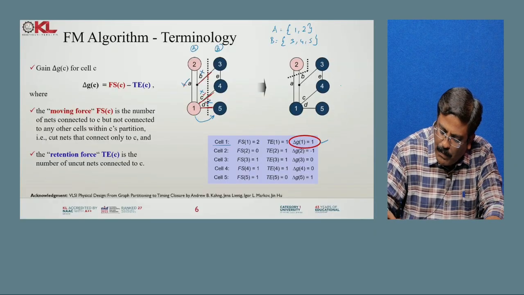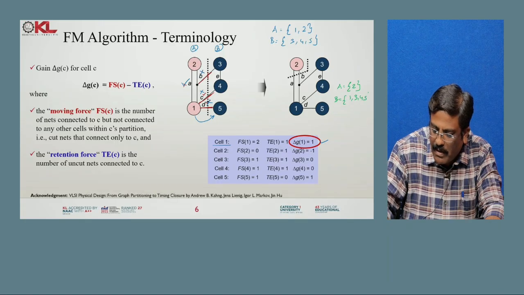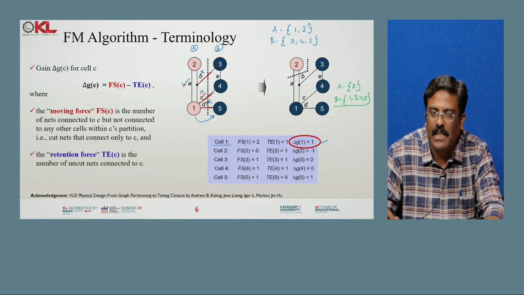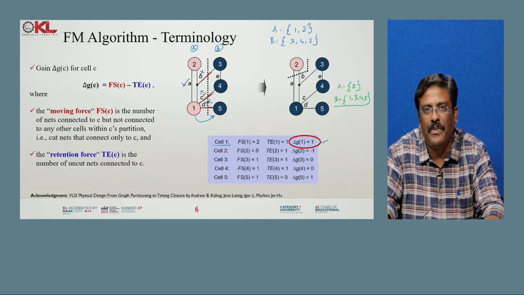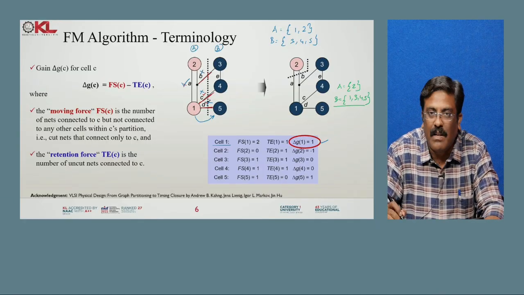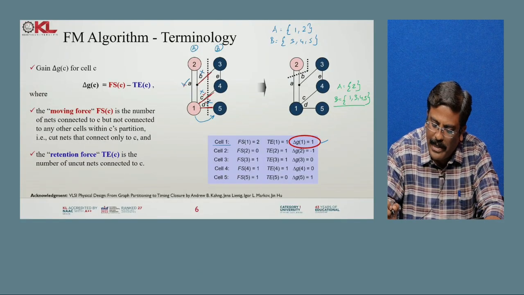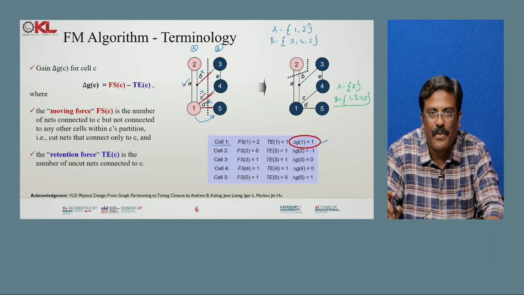Now what is the new partition A? A will consist only of 2. And B is now 1, 3, 4, 5. So these are the new partition cells once 1 has moved from one partition to the other. Because according to the FM algorithm, no pair of cells is swapped here. Only one cell is chosen at a time to make a move from one partition to the other partition.